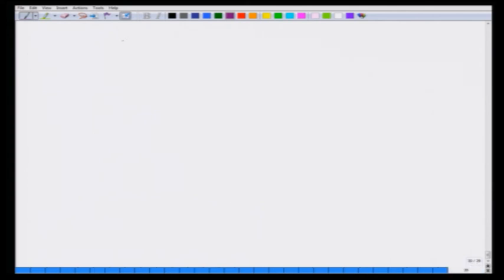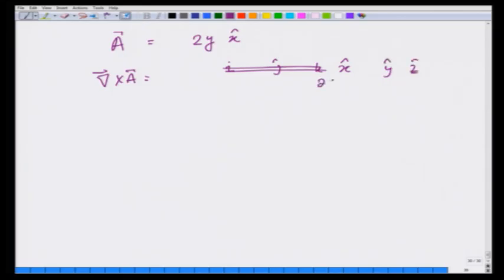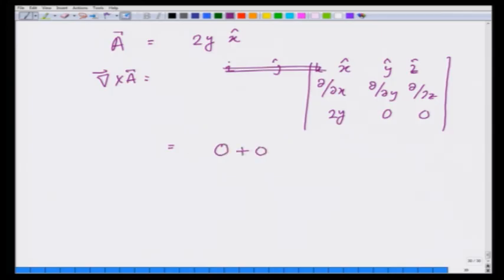So, let us calculate curl of A. A is given to be 2y x. Curl of A is the determinant, I have been using unit vectors x, y and z, with partial x, partial y, partial z, and the x direction component is 2y, 0, 0. This is equal to: x component gives me 0, y component gives me 0, and z component is minus 2.